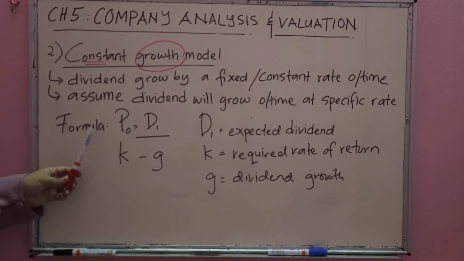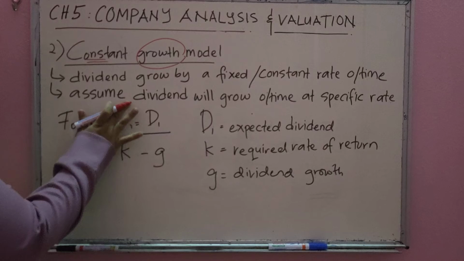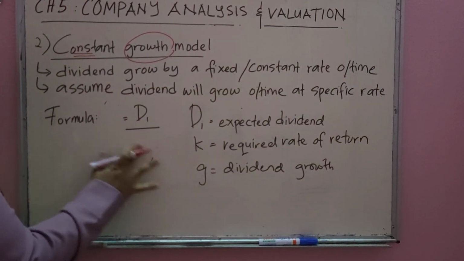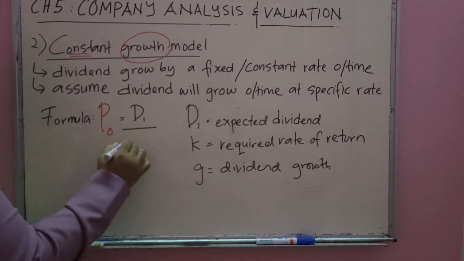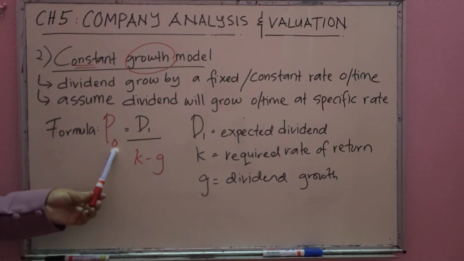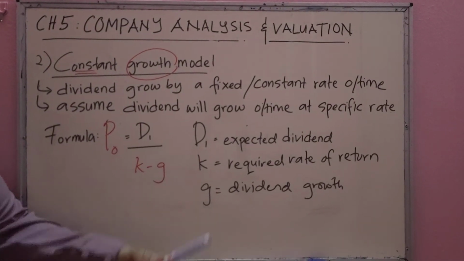The formula given here is: price today, P0, equals D1 divided by K minus g.